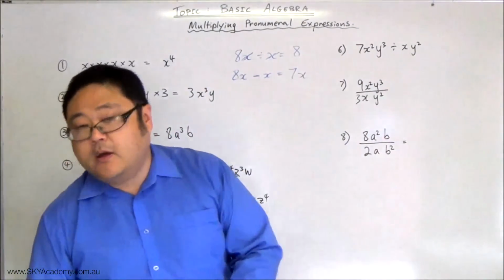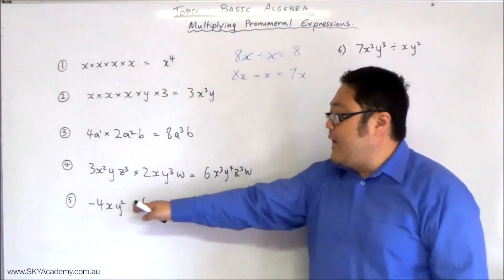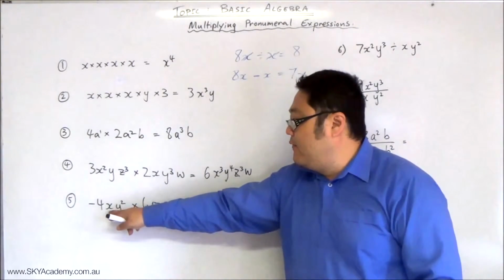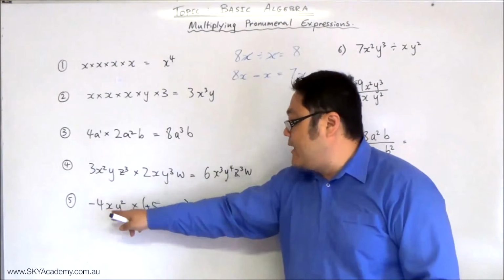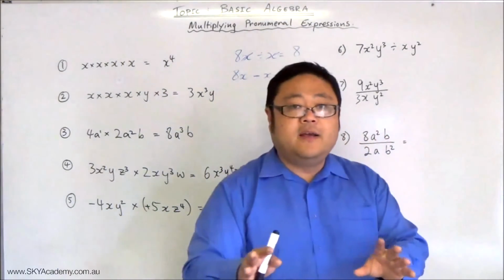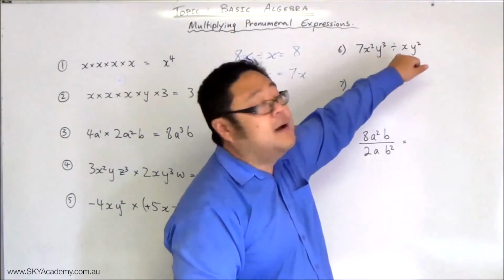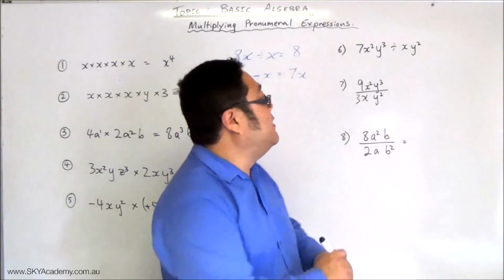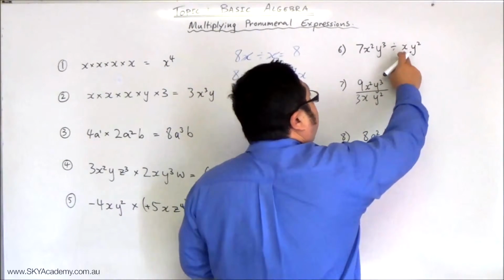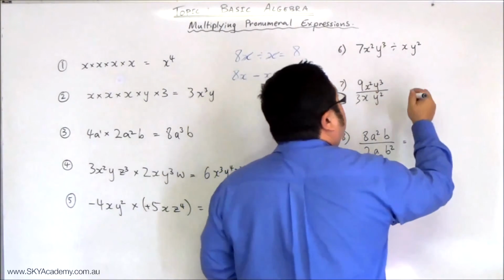Now, in this question, notice how we added the powers of x with x to get 2x squared. When you divide, you're doing the same thing, but you're minusing. Okay? So you got x squared here, minus, divided by x means that you subtract the powers.